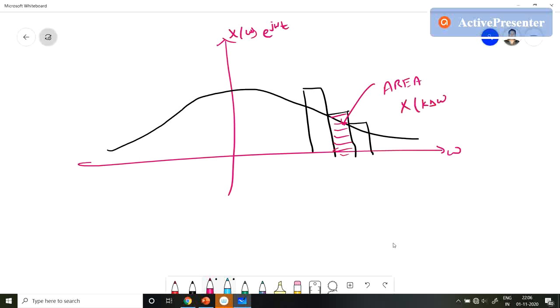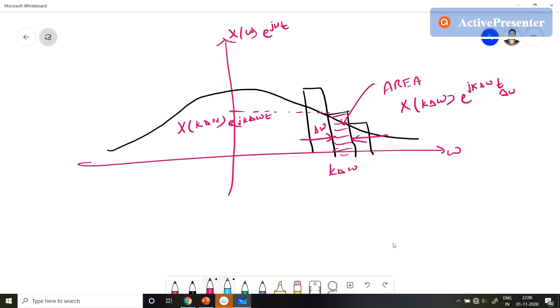This is the area: X(k delta omega) e raised to the power j k delta omega t multiplied by delta omega, and this is k delta omega, and the width is basically delta omega. The amplitude of this point is X(k delta omega) e raised to the power j k delta omega t.